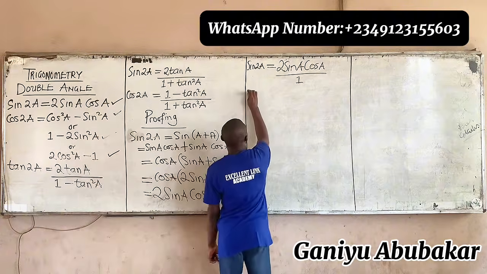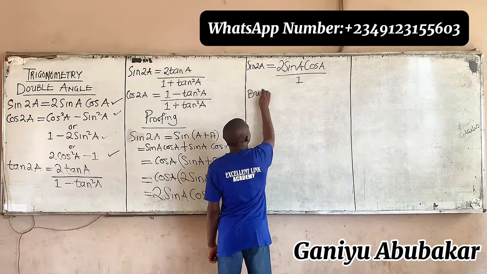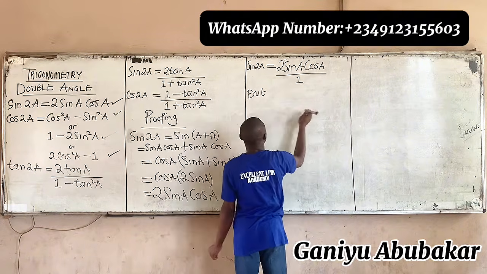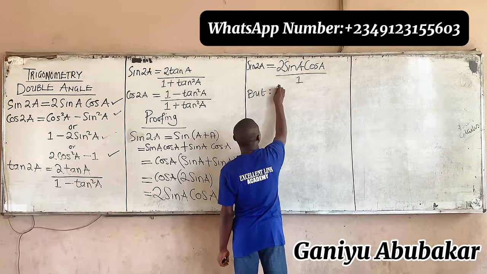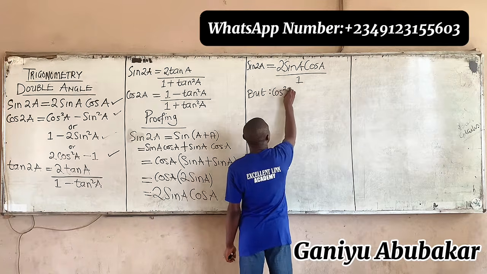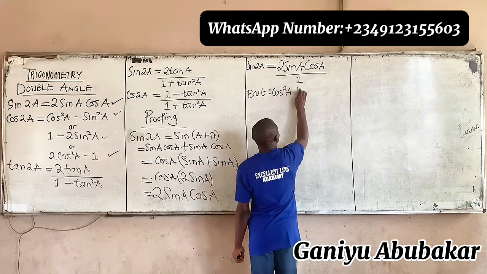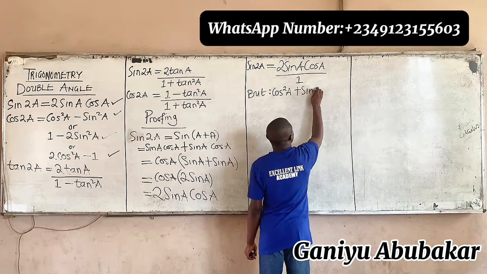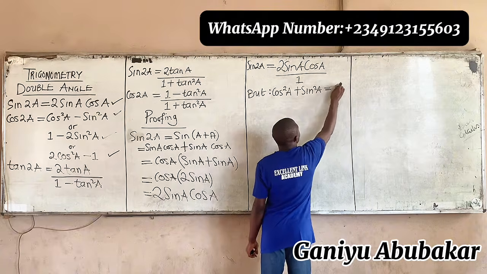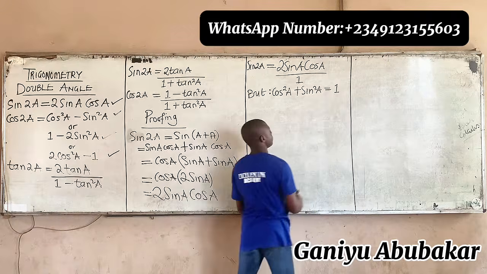Now, I can say sine and cos here. But we know that cos squared A plus sine squared A is equal to 1.